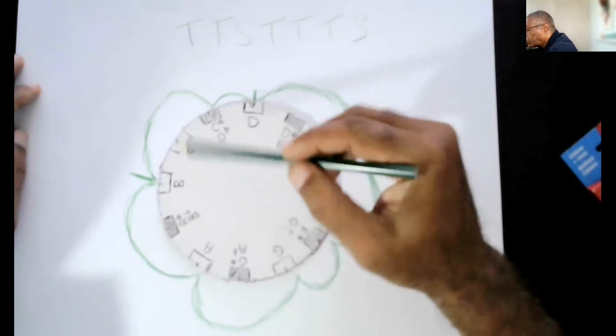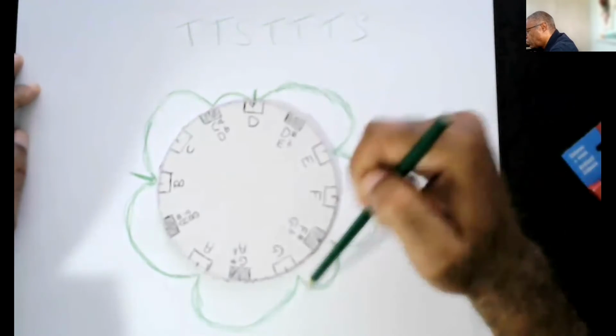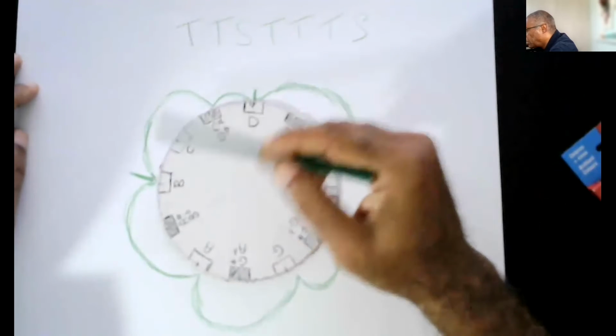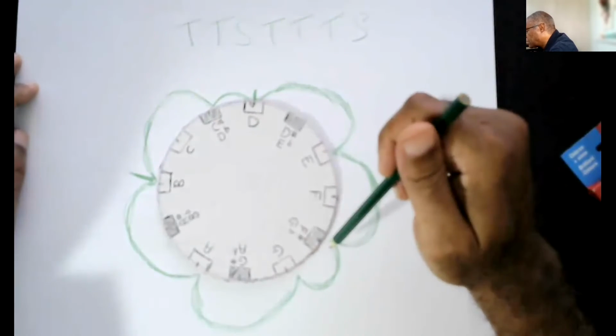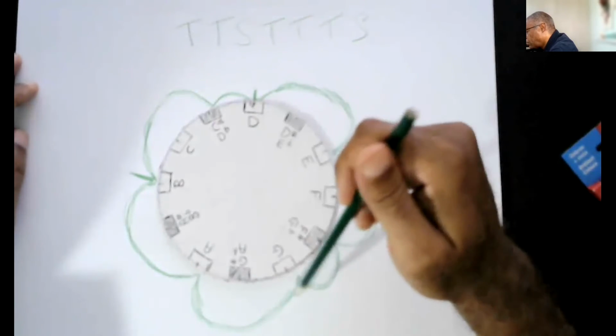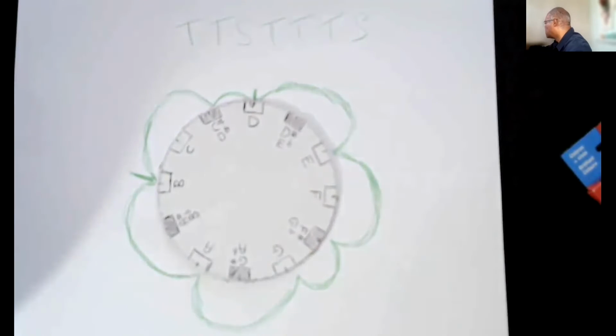The relative minor, which will be B, starts here: tone, semitone, tone, tone, semitone, tone, tone, right? And that is B, C sharp, then D, E, F sharp, the same key signature as D major, G, A, and then back to B. And B minor sounds like this: B, C sharp, D, E, F sharp, G, A, and B, back to B, right?